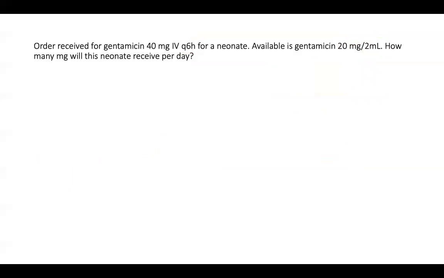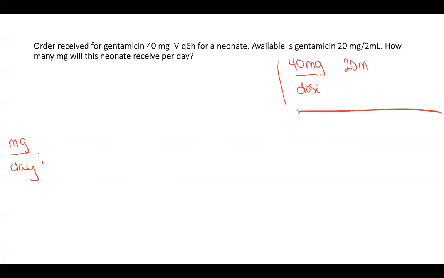So if you're looking for milligrams per day, which we've already determined, and you go to build your box and you just kind of get on autopilot and you put your order in there and you put your available medicine in there as well. Okay, so let's pretend you did that because you went on autopilot, or you got confused and you weren't sure which one to put in there.